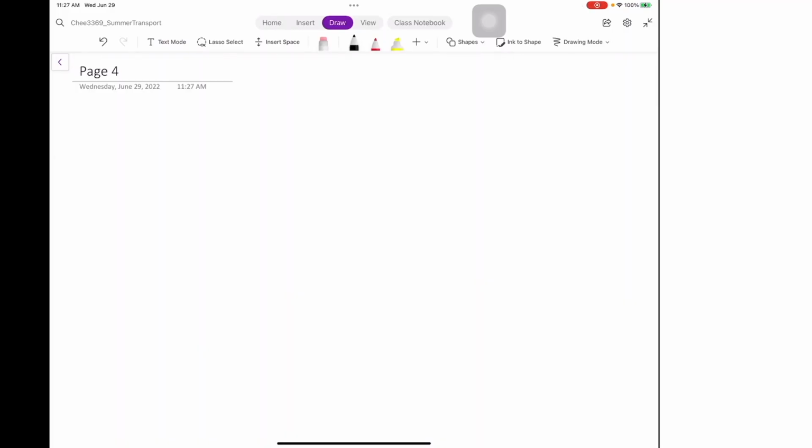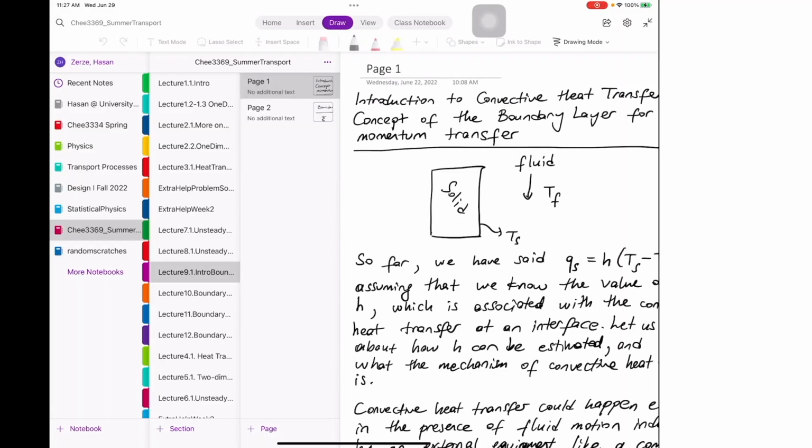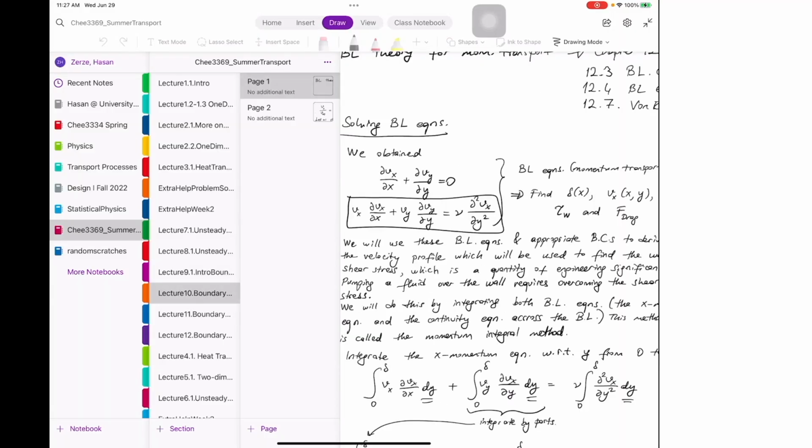Now, what have we done in the momentum boundary layer theory? We first got just order of magnitude estimations. We just had a sense of the boundary layer thickness and so on, but then we used the von Karman integral method to get some exact solutions, if you remember.